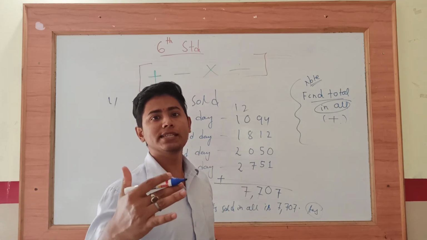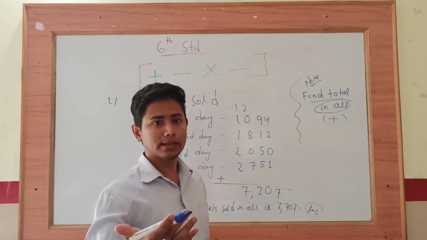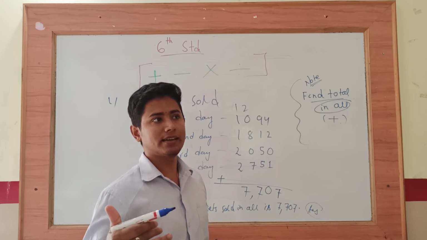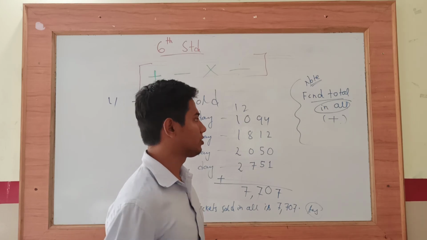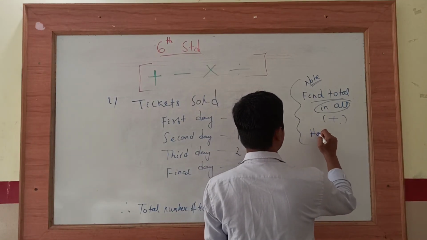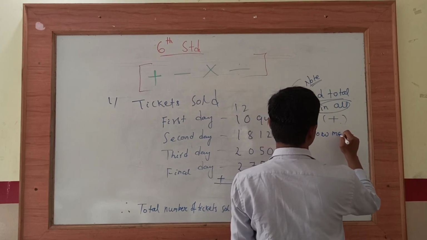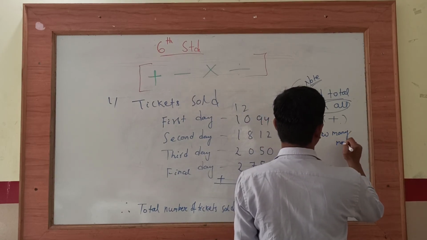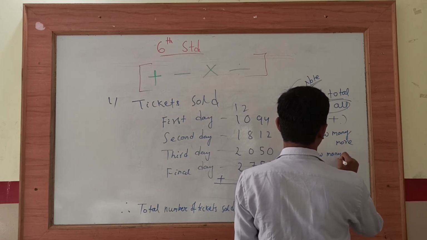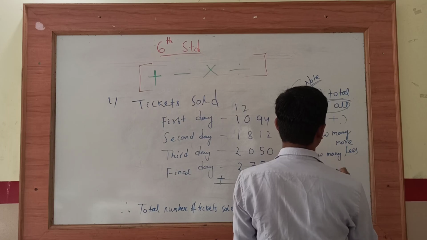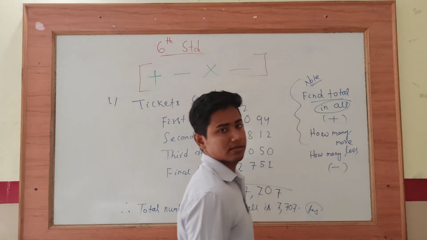When it says how many more, you can say kitne zyada. So when you find out how many more or how many less, that time you do subtraction.